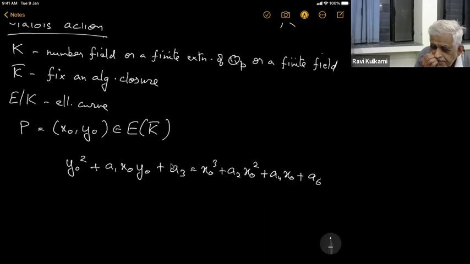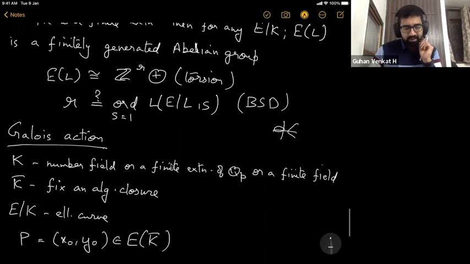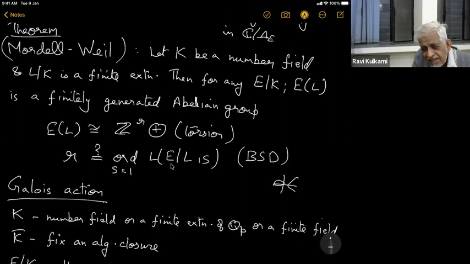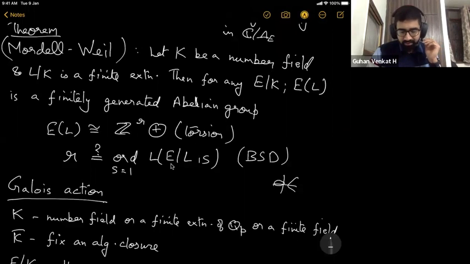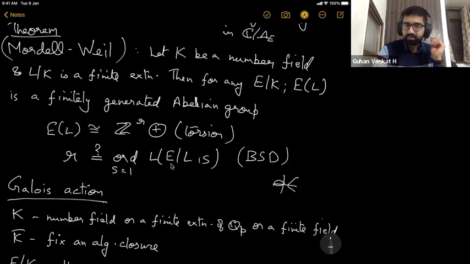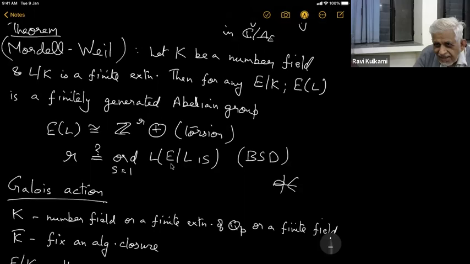But you see, this Mordell-Weil theorem really needs the field to be a number field. So you take the rational numbers. But then these K rational points, if the structure is Z to the r plus torsion, then how is it sitting in its complex locus?